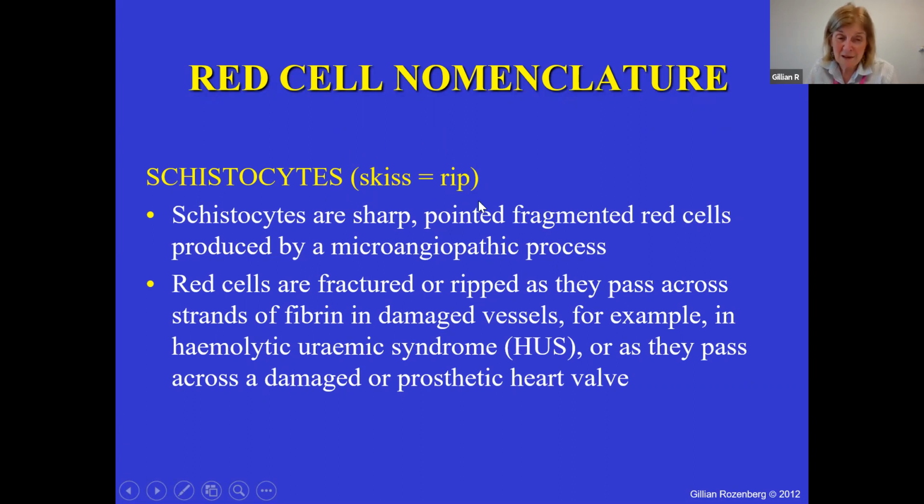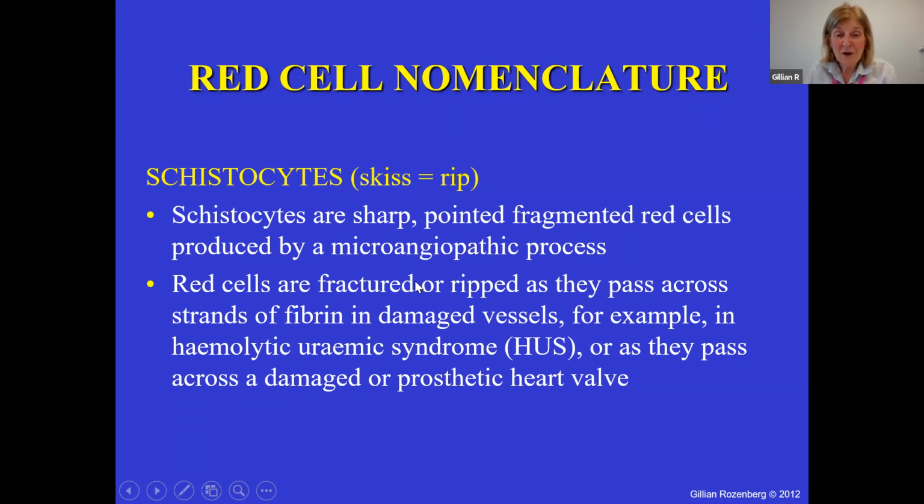Never forget that. So schistocytes are sharp, pointed, fragmented cells produced by a microangiopathic process. It's important to understand that microangiopathic stands for micro, small, angio, vessel, and pathic, disease.